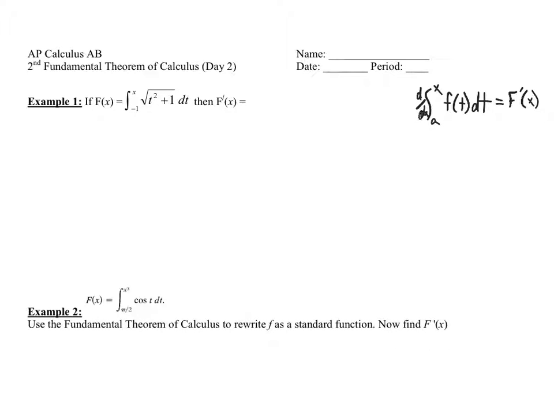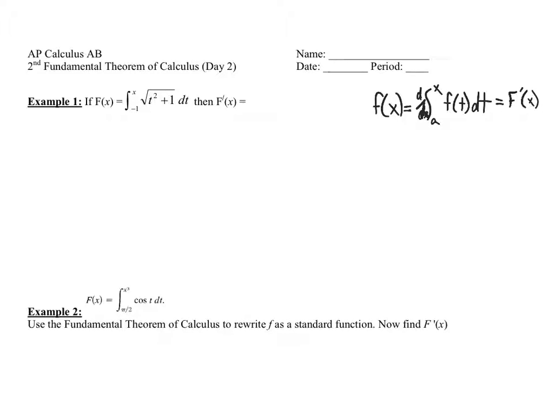The derivative of the integral from a to x of f of t dt is lowercase f of x, or the derivative of the antiderivative. Okay? So the notation here we've got to be a little bit careful with. All right, so as we're thinking about this, we need to make sure that we're careful.